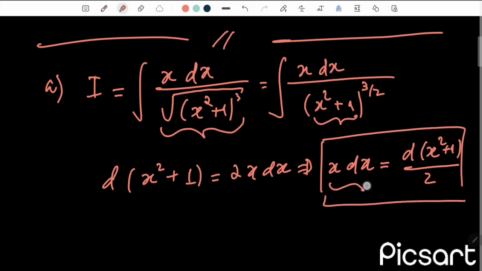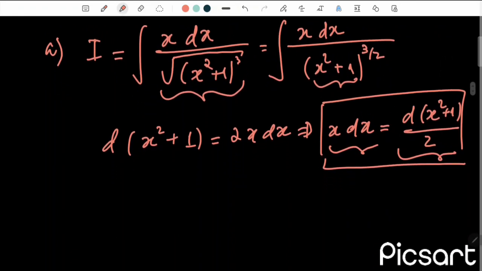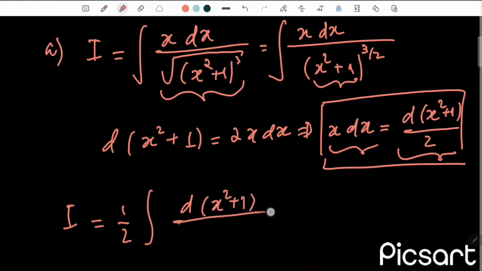If we substitute this expression, we have I now equal to 1 over 2 integral of d(x squared plus 1) over (x squared plus 1) power 3 over 2.